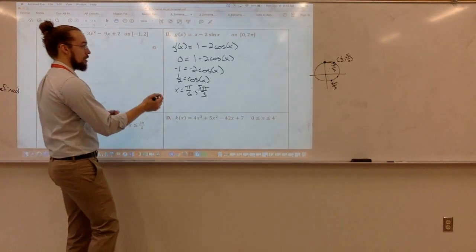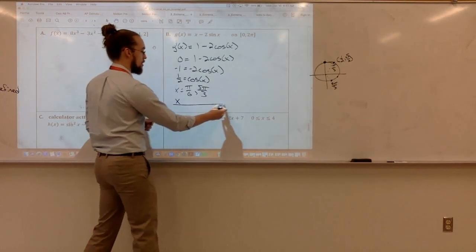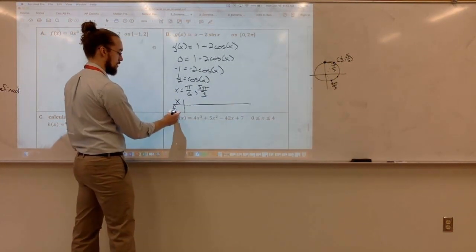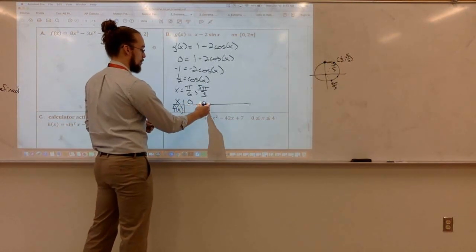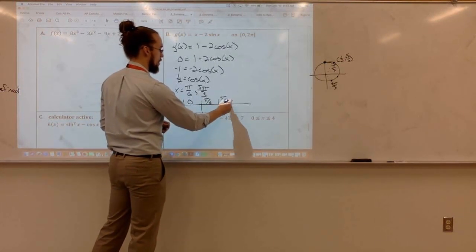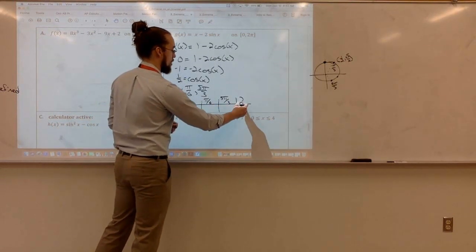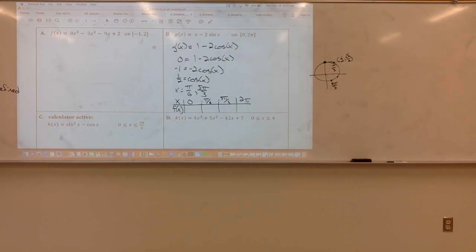So let's plug them in. I'll make my little table here: plugging in 0, pi over 3, 5 pi over 3, and 2 pi. Go ahead and do this on the calculator.